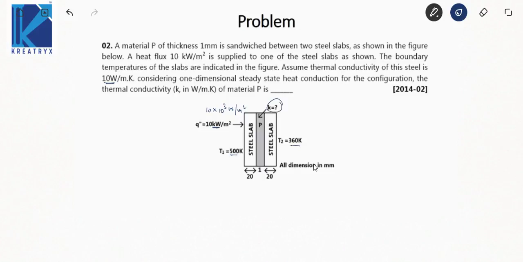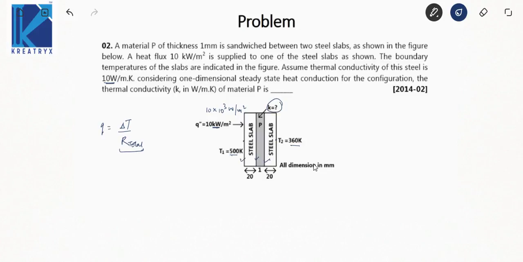This is a pretty simple question. Applying the basics, we know that Q is equal to delta T by R total. Delta T is the temperature difference between this end and this end, and R total is the total resistance that will be offered by this steel slab plus this P material and then again this steel slab.